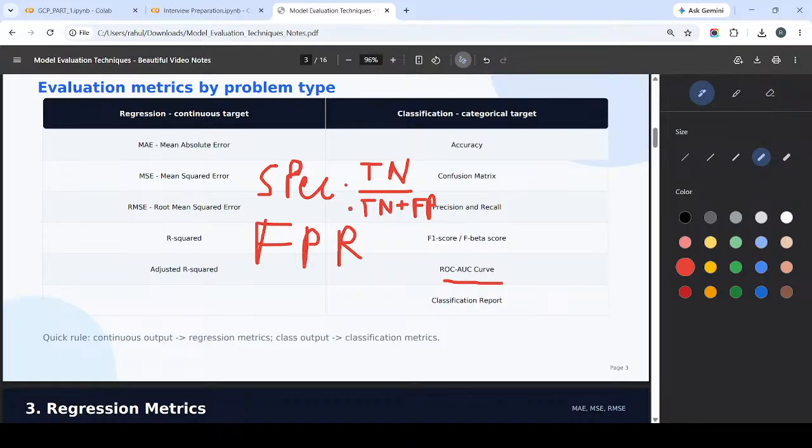Means true negative upon total actual negatives. So that is specificity. And what is false positive rate?